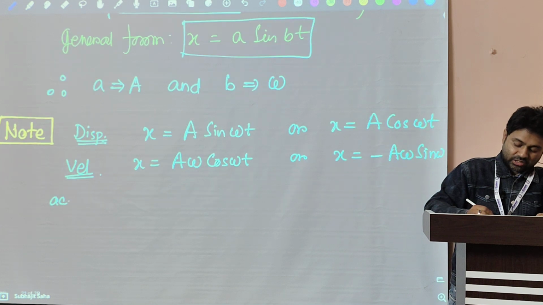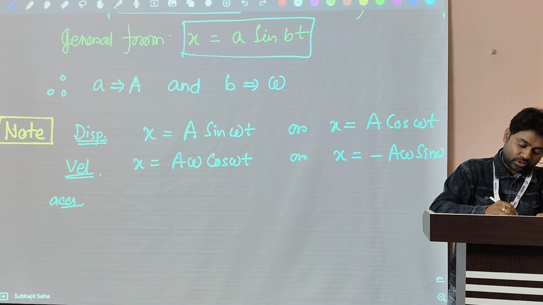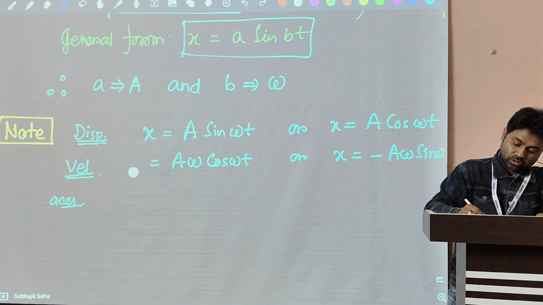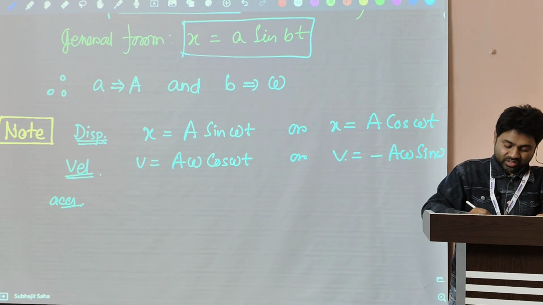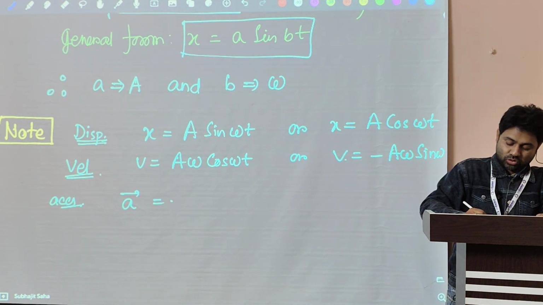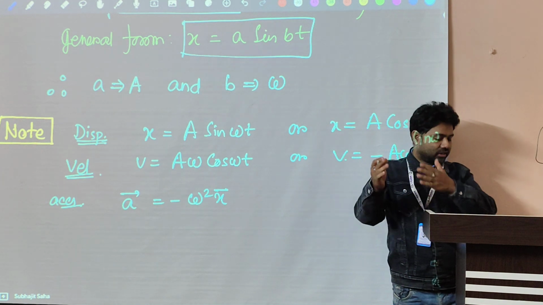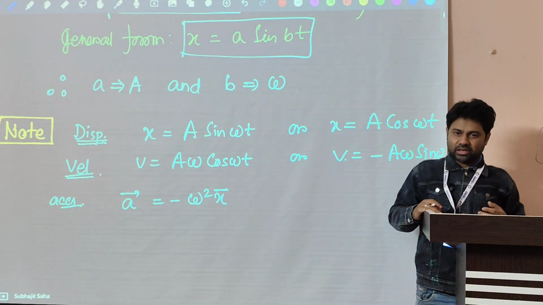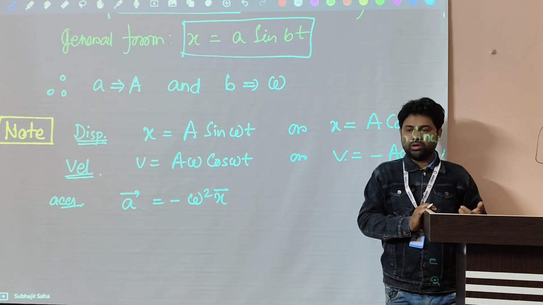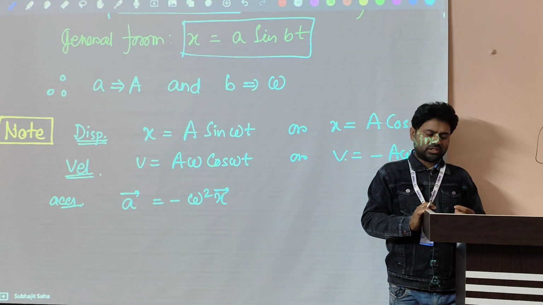And acceleration, oops, I have written x in place of v, that would be v's. Acceleration, that would be minus omega square x in both cases. We studied that acceleration equal to minus b square x. Now b is omega, so we are writing a equal to minus omega square x.